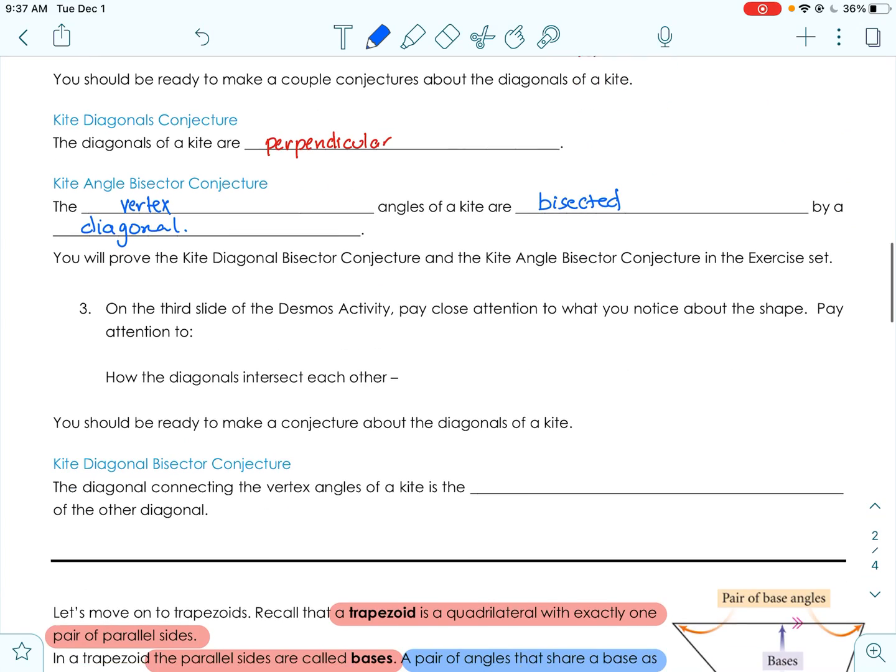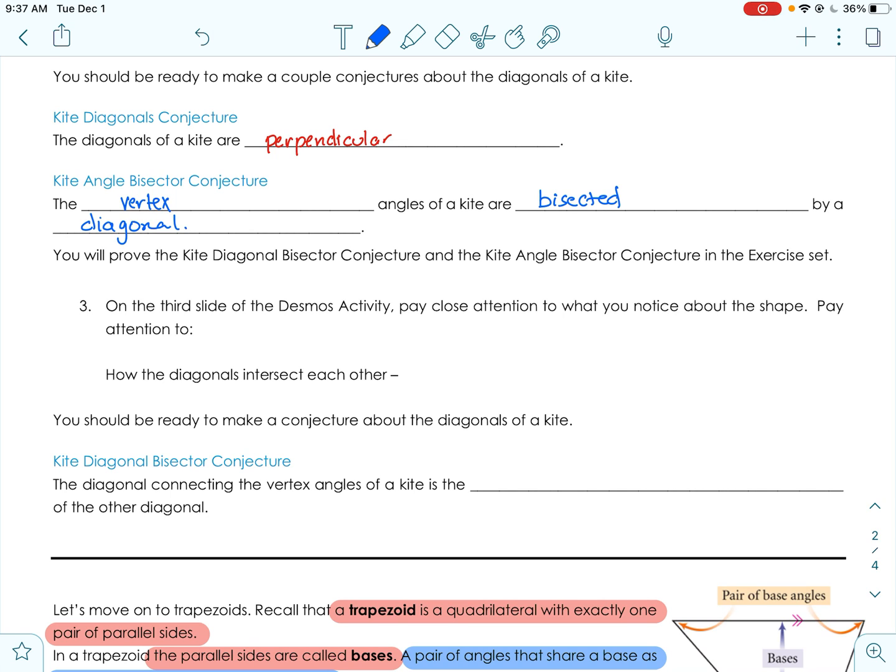So if we jump back over here, how do the diagonals intersect each other? The diagonal from the vertex angle appears to bisect the other diagonal. And what that leads us to is this conjecture, the diagonal bisector conjecture.